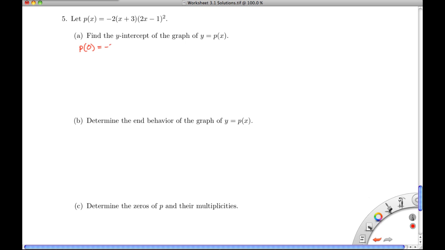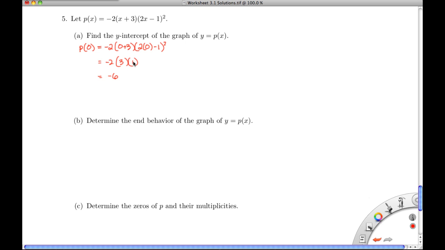So if we do this, we'd have -2 times 0 plus 3 times 2 times 0 minus 1 quantity squared. This is going to give us -2 times positive 3. 2 times 0 is 0. Minus 1, square the minus 1, we get a positive 1. And what we end up with is -6. So there's our y-intercept. y equals -6.